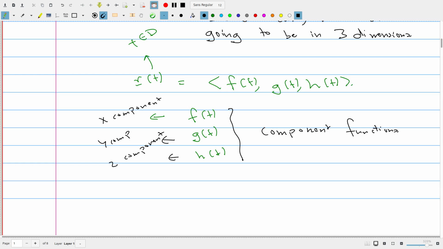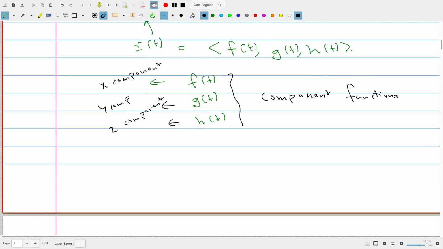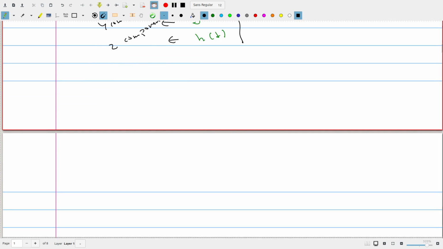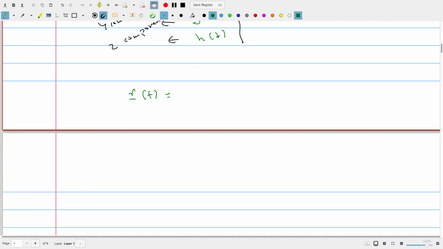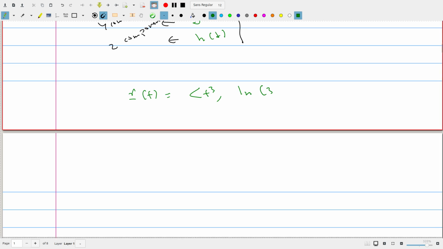An example of a vector function is the following: r(t) equals t cubed, ln of 3 minus t, and the square root of t.